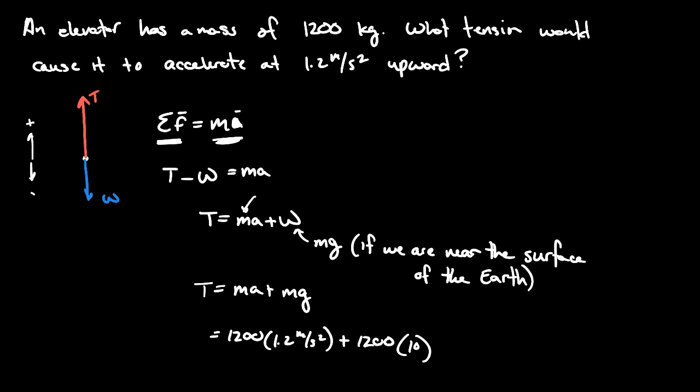Now you can grab your calculators and work this out, and you should. But please note that the answer for this is going to be in units of kilograms meters per second squared. So get the number, but the unit is more important to me than the number.